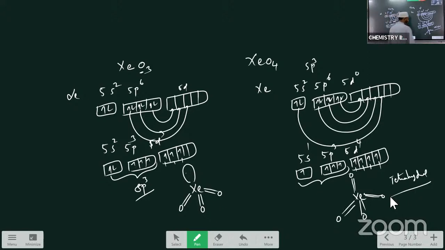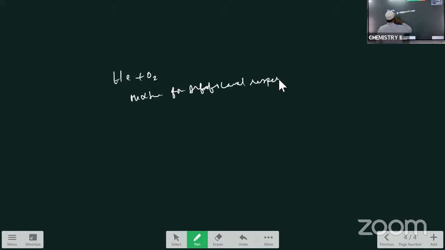Now what are the uses of helium? ये थोड़ा modern. Sea divers use a mixture of He and oxygen for artificial respiration.